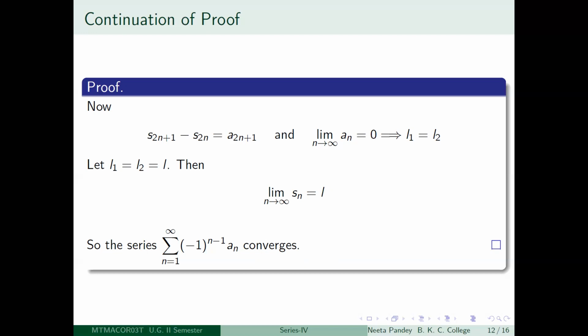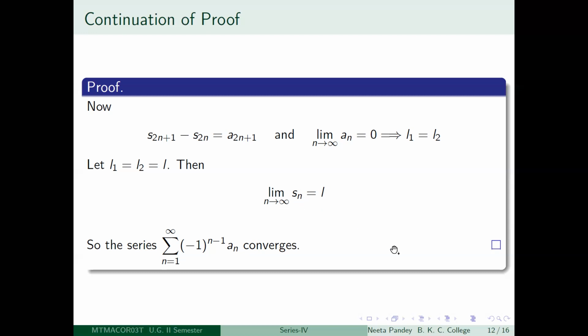And since both of them are converging to the same limit, since L1 is equal to L2, this implies that the limit as n tends to infinity of Sn is equal to L, right? And this is by definition the meaning of the concept that this series, summation n equal to 1 to infinity of minus 1 to the power n minus 1 an, converges, because this is the sequence of its partial sums.